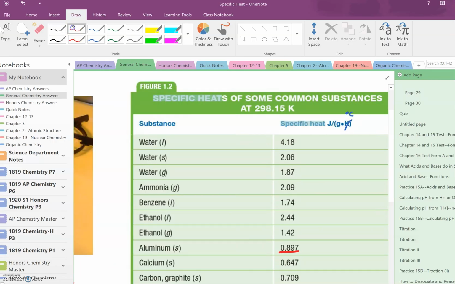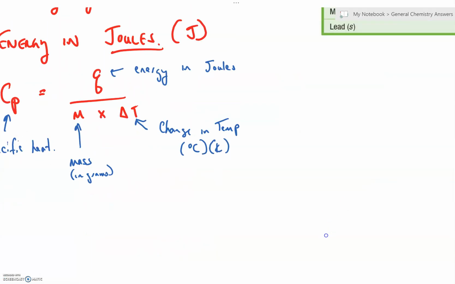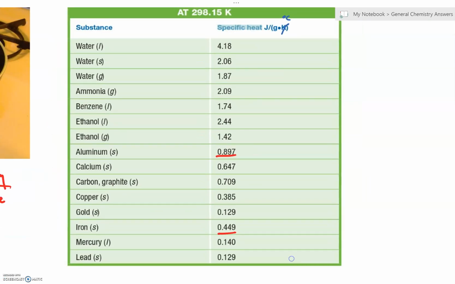So here's a question you can expect me to ask. But first off, what's going on here is that aluminum has a specific heat of 0.897 joules per gram degree Celsius. That means that it requires twice as much energy as iron to raise its temperature.